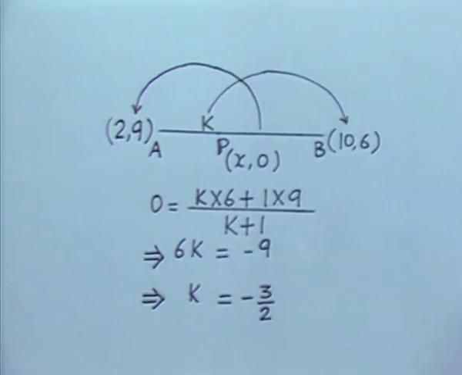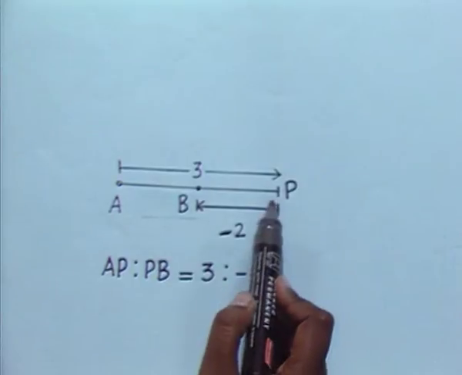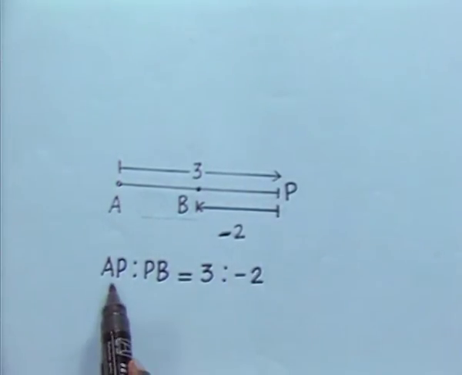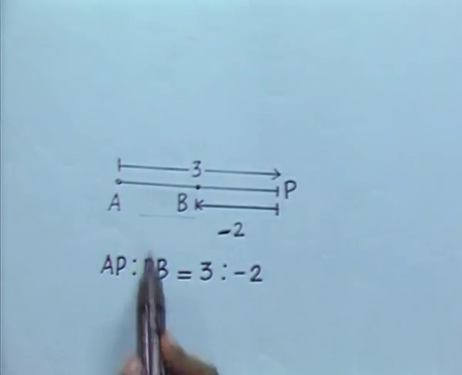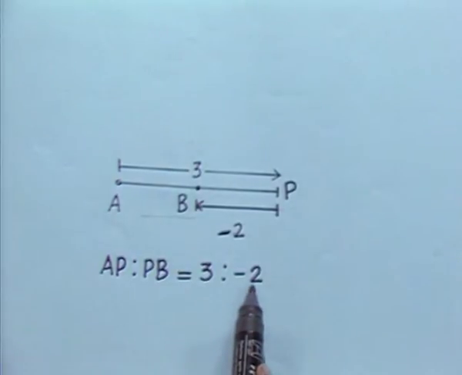Again a negative ratio? Madam, can a point divide a line segment with a negative ratio? In mathematics, we either have an interpretation or a way out for a negative result. In this case, k equal to minus 3 by 2 means that the point P lies on the extended line segment AB, that is, AP is to PB is 3 is to minus 2.